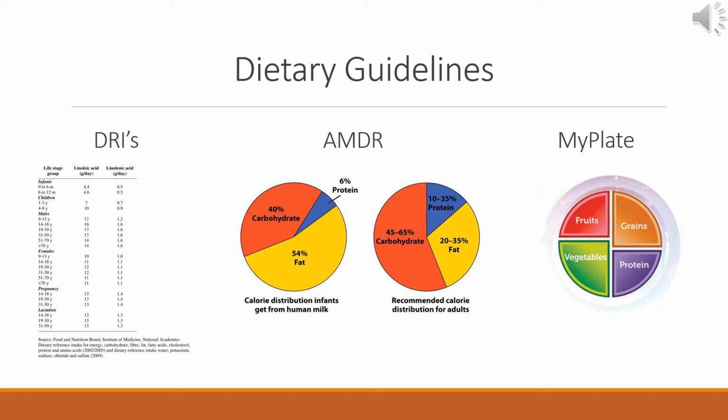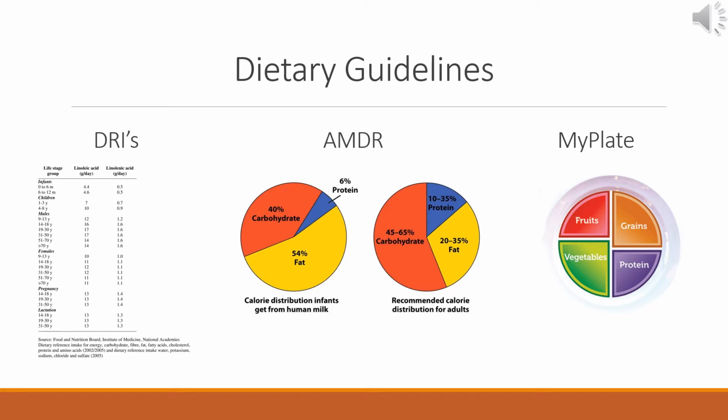The acceptable macronutrient distribution range provides a little bit more specifics about a balanced diet. It gives us the approximate amounts or proportions of carbohydrates, fats, and proteins that we should get. And then MyPlate, or the food guide, provides a practical tool for us to use in order to put together meals.